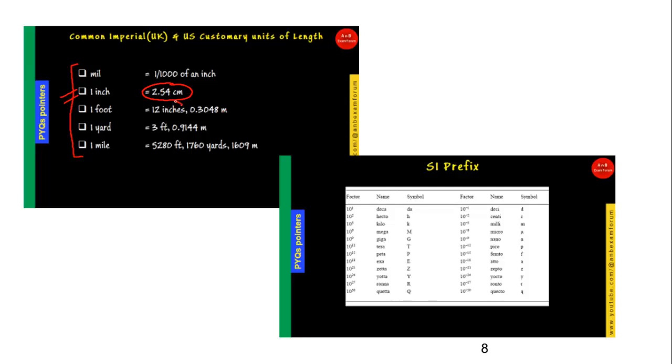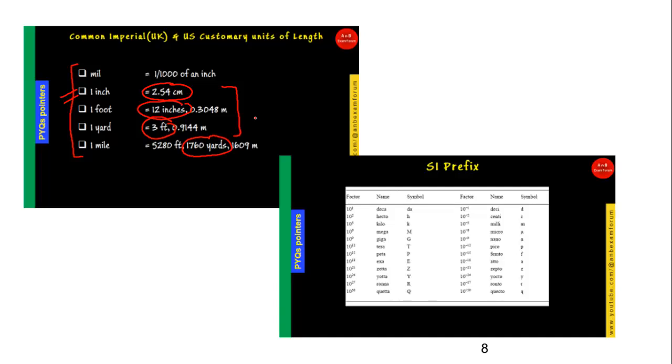Then 1 yard is basically 3 foot. And 1 mile, you should also remember, is 1760 yard or 5280 feet. But the most important ones are these three. At least you should remember these 3 units.